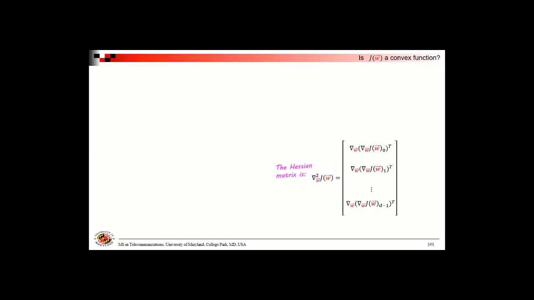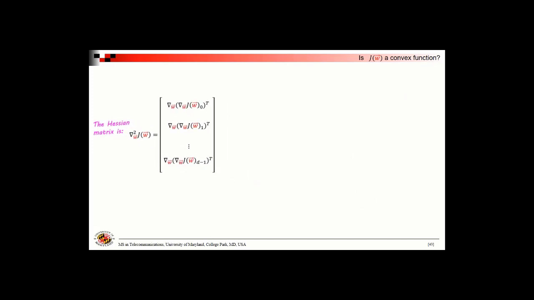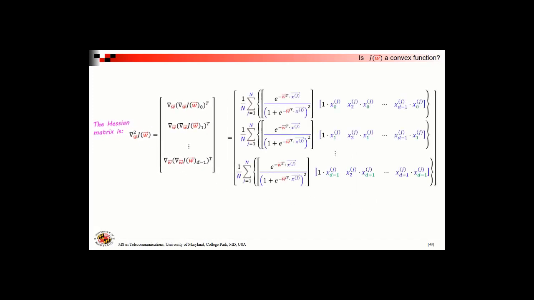Now, we're going to replace each one of these rows with our findings. In each case, we have 1 over n summation from j equals 1 to n of a scalar times a vector. And in each case, the vector is equal to the feature vector transpose times the scalar of the ith row, x sub i feature of the jth instance.